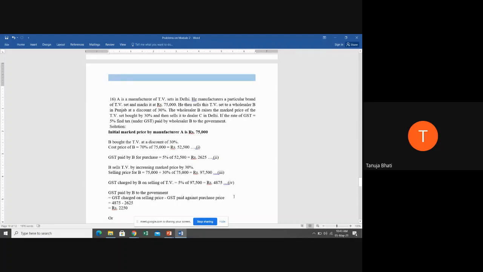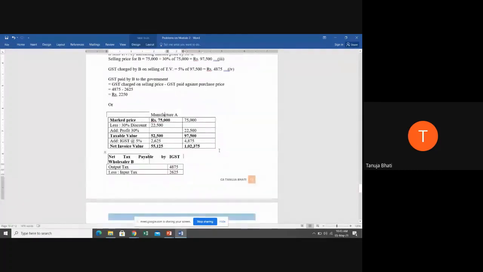The same answer can be presented in a different manner, which I will just show you. See students, there is manufacturer A and there is wholesaler B, correct? The marked price for manufacturer A was 75,000, but manufacturer A is selling the goods to wholesaler B at a discount of 30%. So discount has to be deducted.